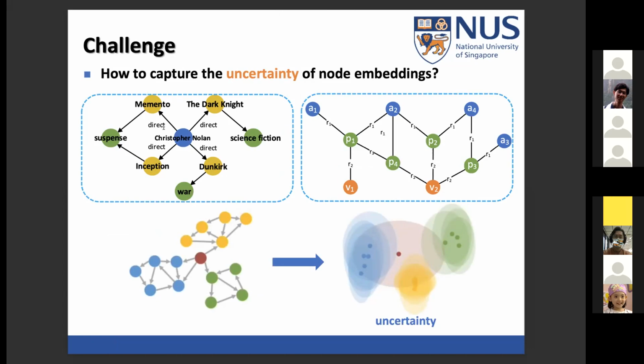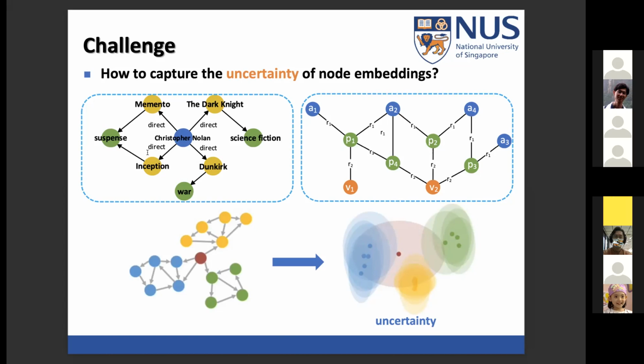But when we embed Nolan, this node, we would like to know which of them should contribute more to Nolan's embedding.